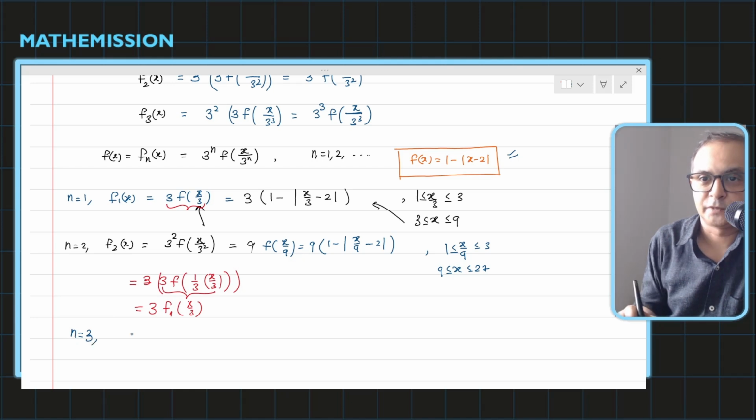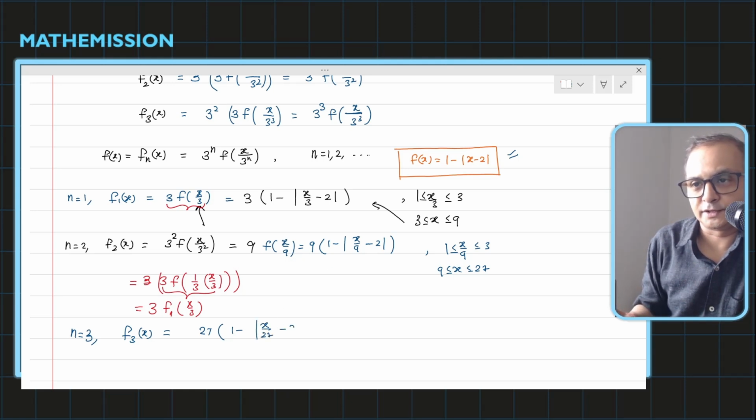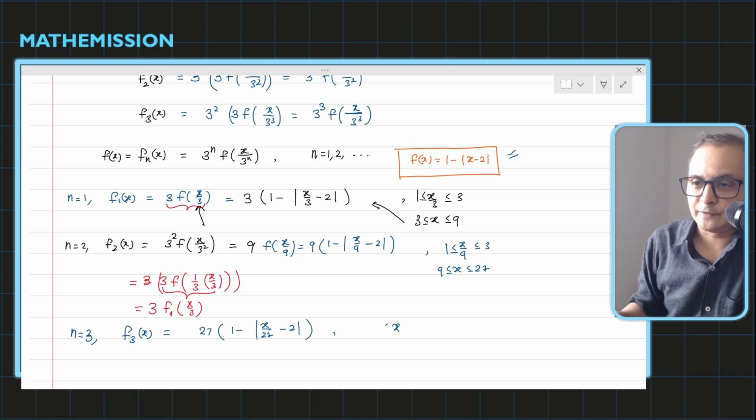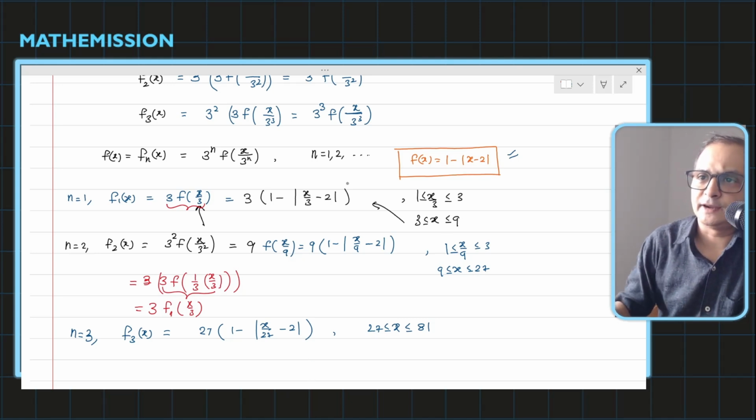So in this way, if you want to build up the next part of this function, n is equal to 3, so f3, that's the third definition, we can write directly as 27 times 1 minus mod of x by 27 minus 2, and x should lie from now 27 to 81. You can see that every interval is like this: 9 times 3 is 27, and 27 times 3 is 81. And so you can see that we have to stop at 100.